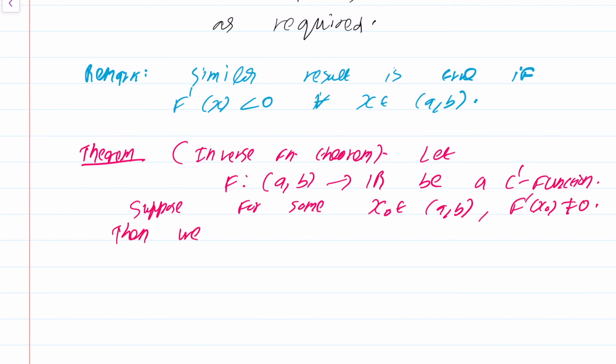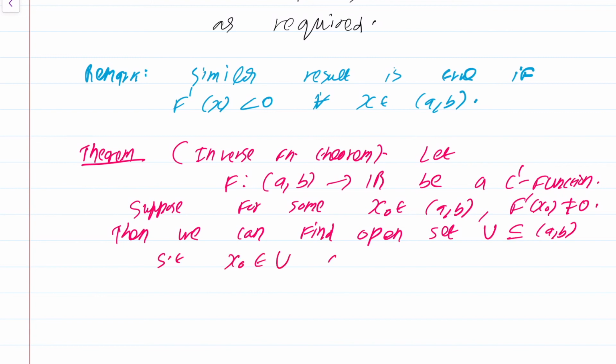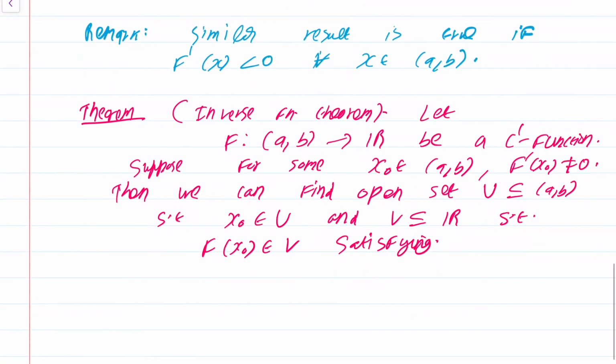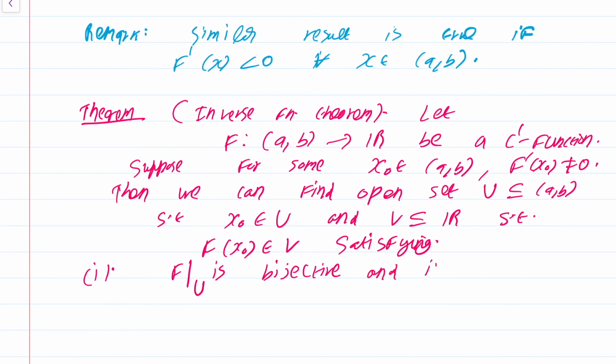Then we can find open sets U subset of (a, b) such that x naught is in U, and V subset of R such that f of x naught is in V, satisfying: number 1, f restricted to U is bijective, and its image is V. Okay.